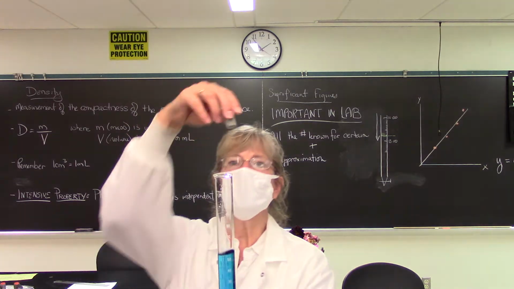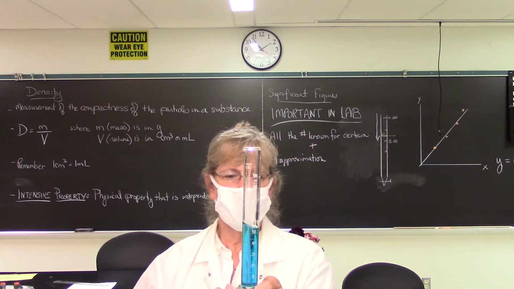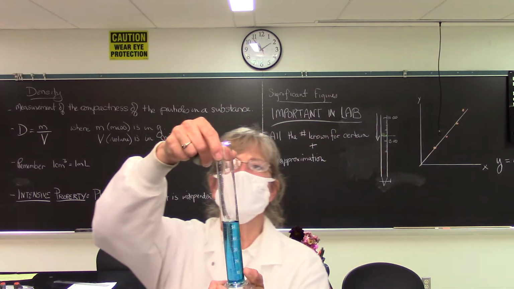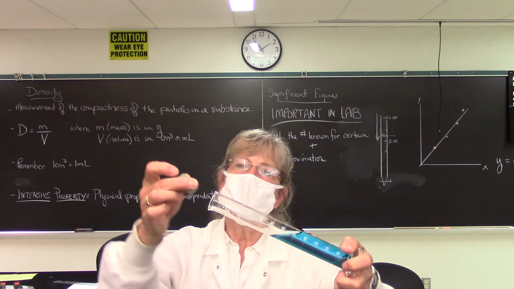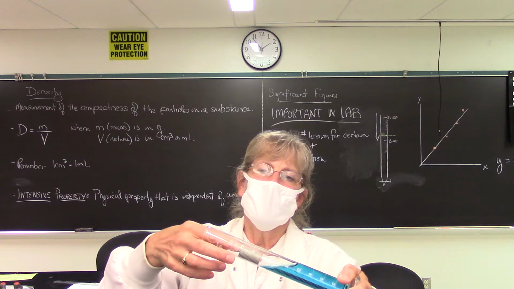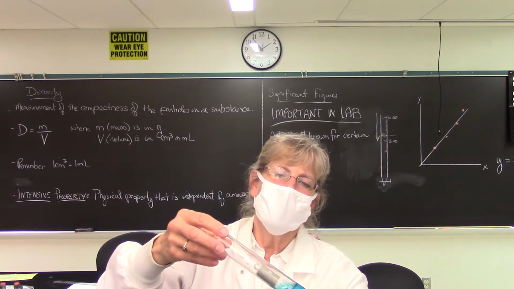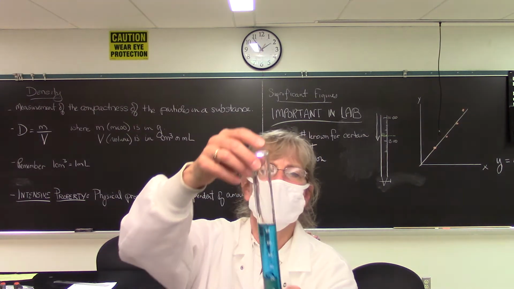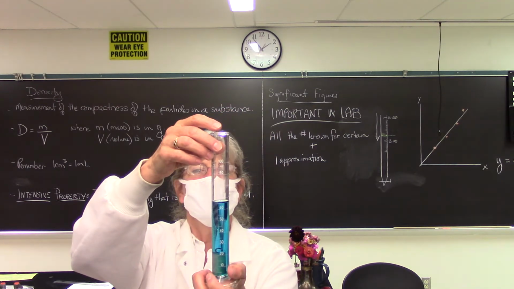Then, carefully, do not drop this in or you'll break the bottom out of the graduated cylinder. Been there, done that. Tip it on its side and slide the slug down into the graduated cylinder.